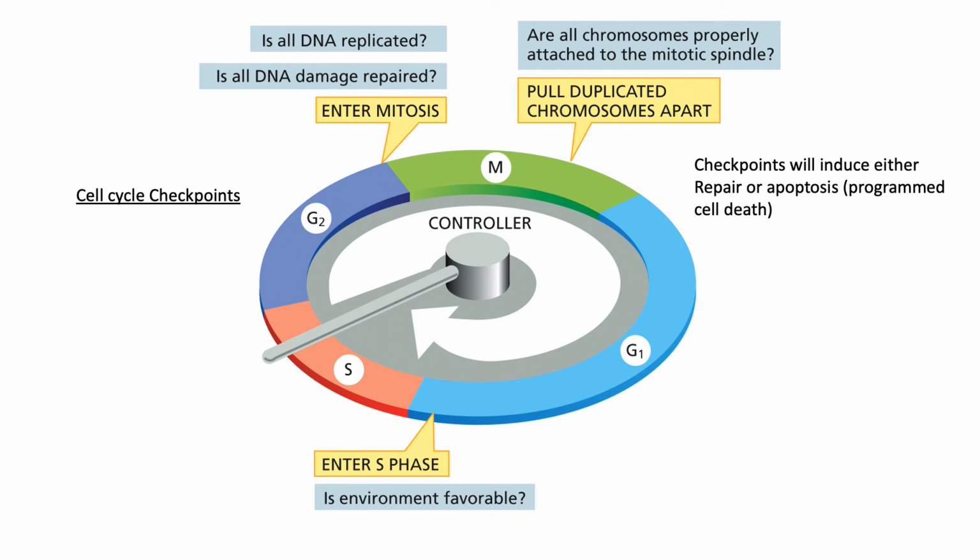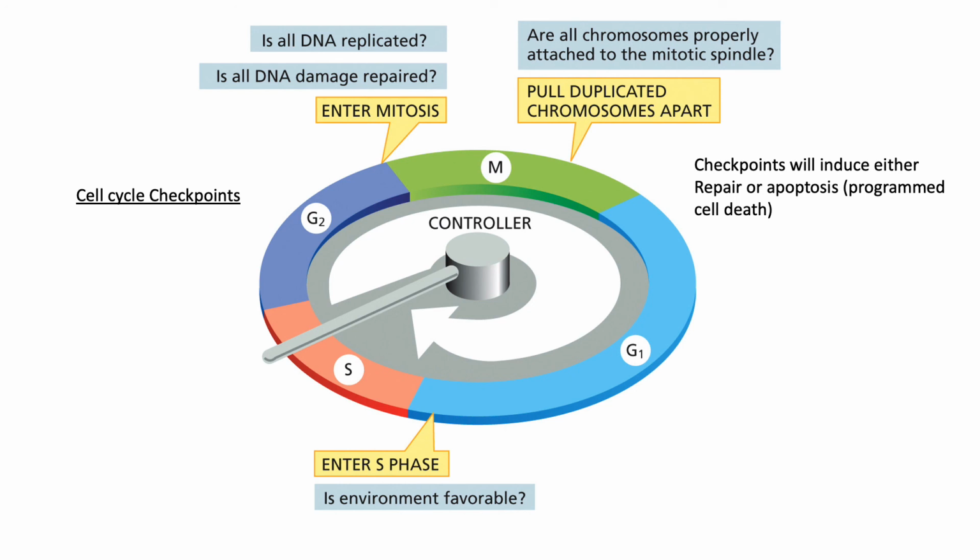If they're not attached, then when cell division takes place, you get more than one copy in each cell and no copies in another cell. So these are extremely important checkpoints in order to evaluate the status of the cell, because the chromosomes are going to be pulled apart, and if they're not pulled apart properly, then you don't want to divide. And so what will happen here is the cells will undergo apoptosis.